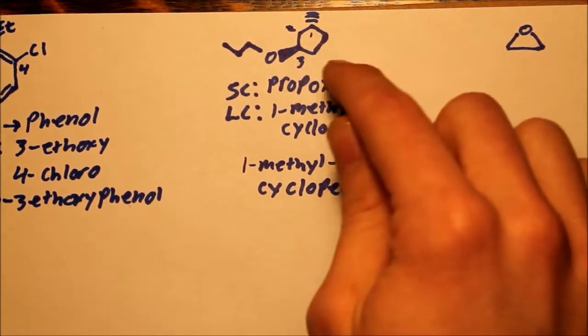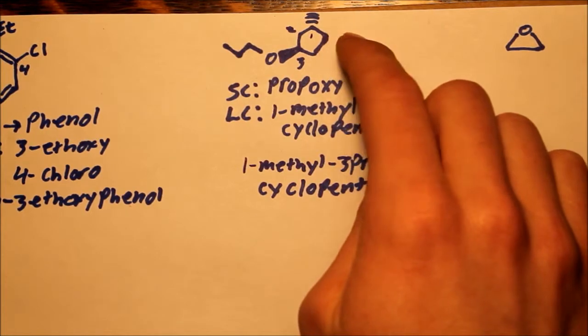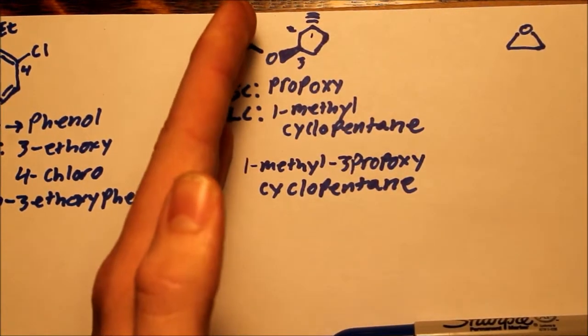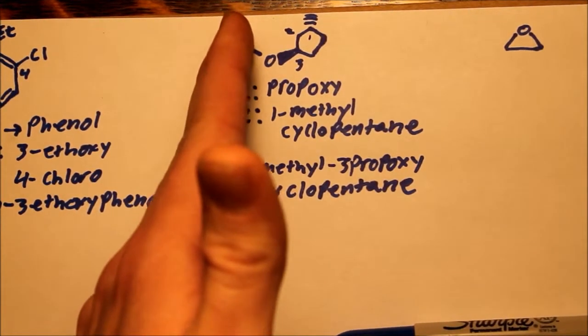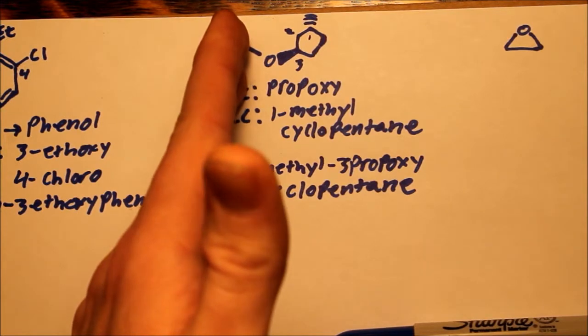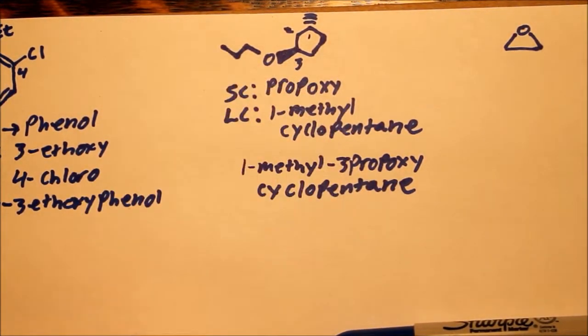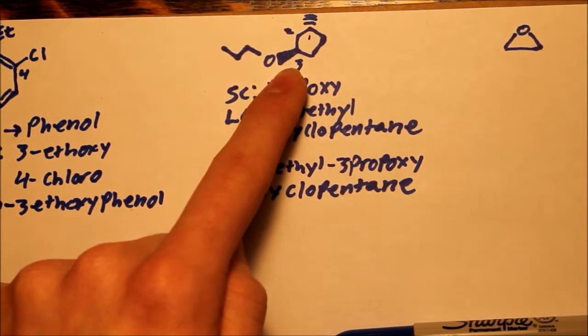However, if your propoxy group was over here, your left hand would be better because your hydrogen's up with your thumb, your fingers going down to meet the methyl group, and then curving around, and that would be S. Same way with this third carbon, the propoxy.